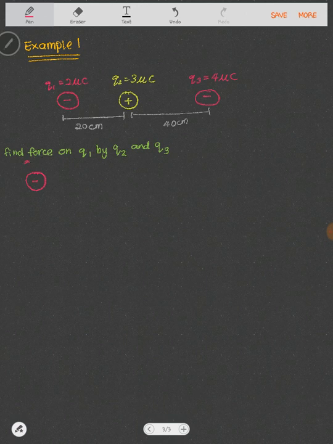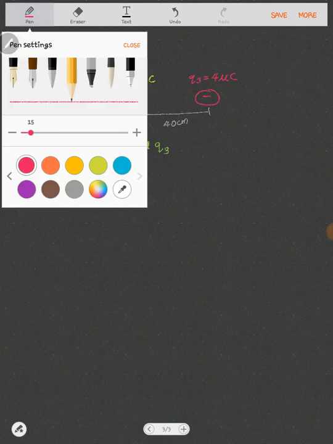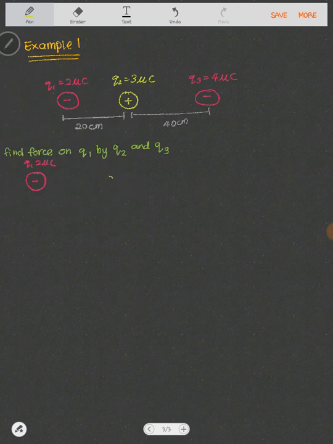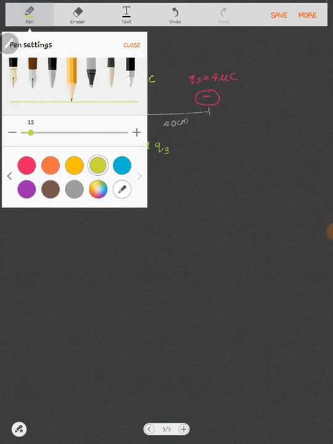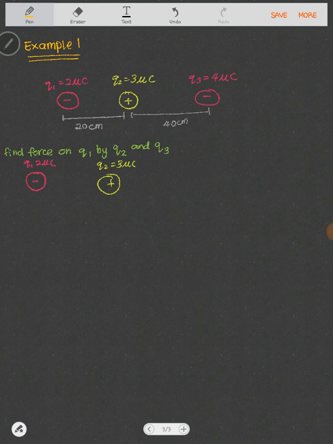So negative Q1 2 microcoulomb dengan Q2 dulu. Microcoulomb. Okay, so dari sini force on Q1 by Q2, so nama dia adalah F21 because it is force that is exerted by charge 2 on charge 1.